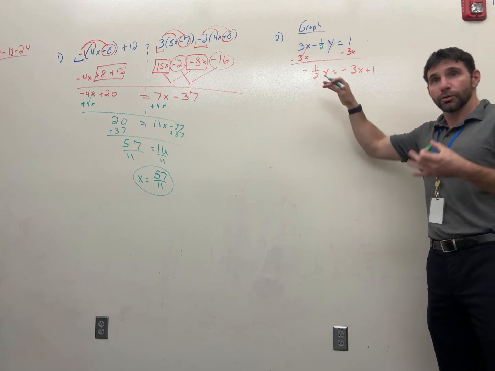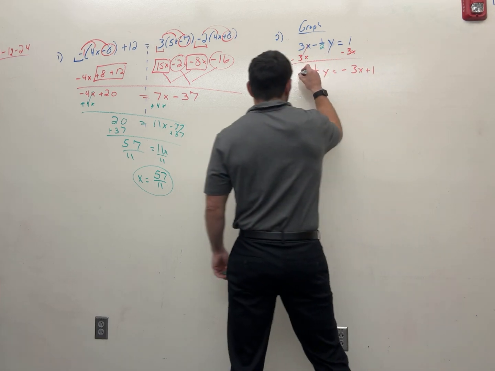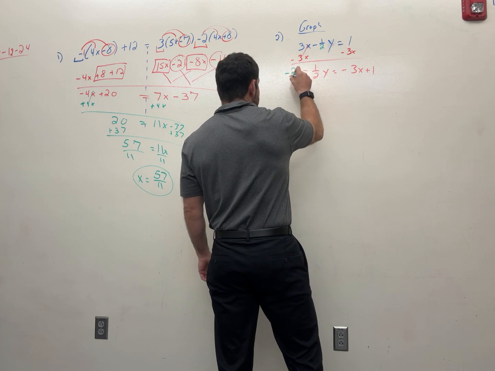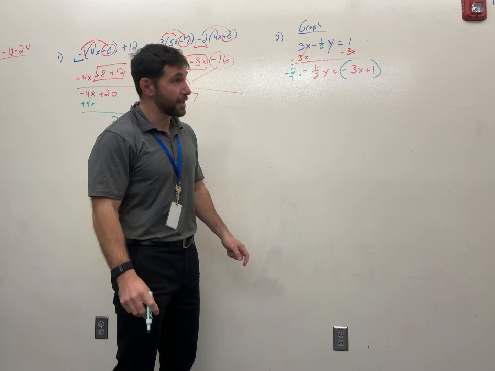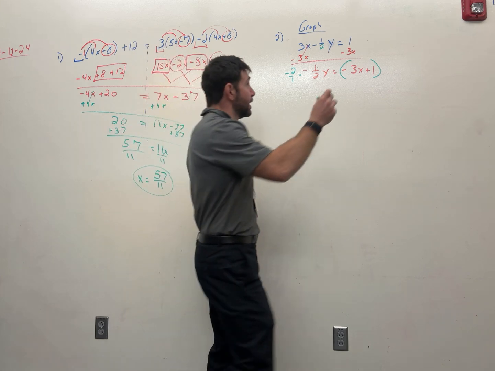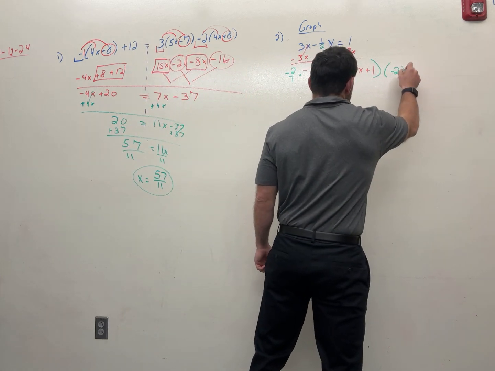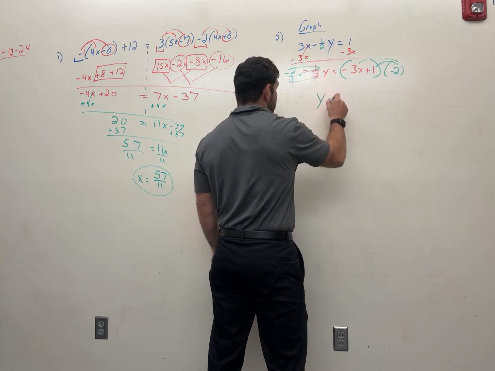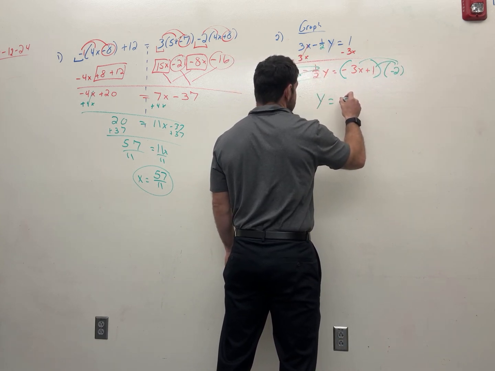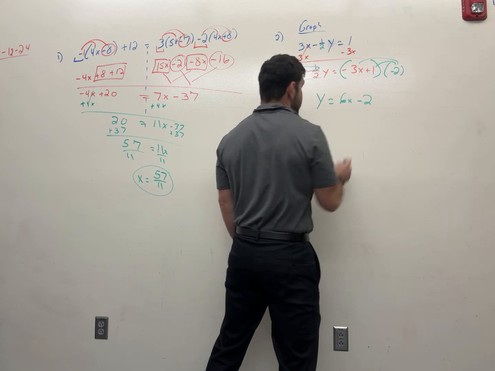No. In order to do that, I have to multiply by the reciprocal. But because it's all of that I have to multiply, I'm multiplying the whole thing by -2. And then I have to distribute. That becomes 1y. Negative times a negative is positive 6x minus 2.